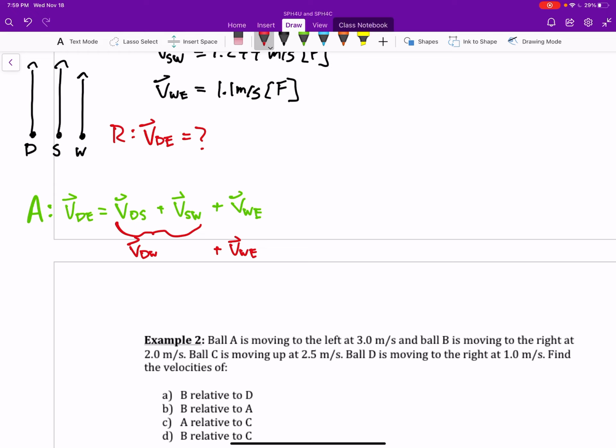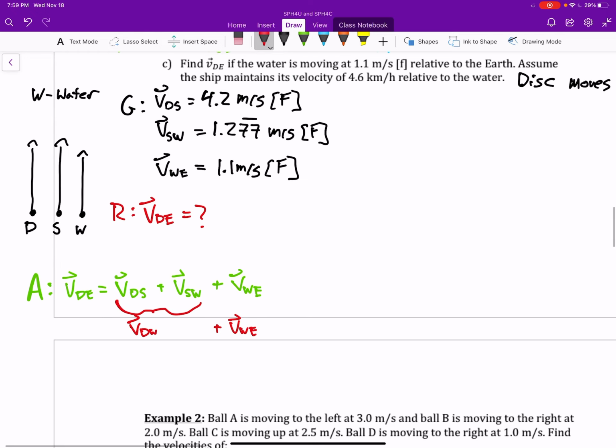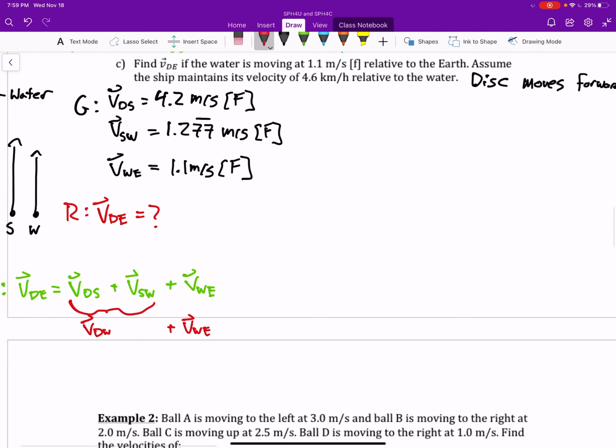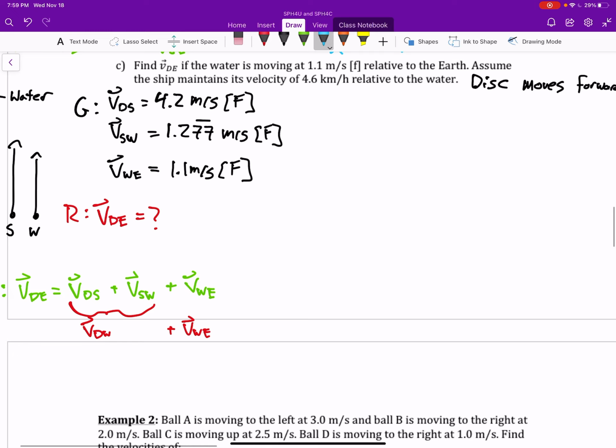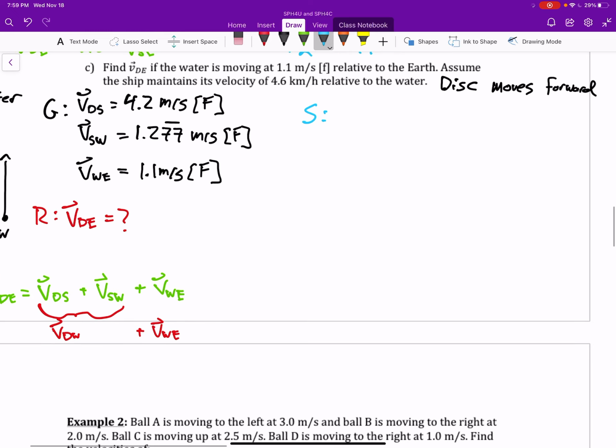So we can see how that works. They're all moving in the same direction, so our solve step stays relatively simple. Disk Earth, we don't have to change the sign of anything because they are all going the same way, in our positive direction.